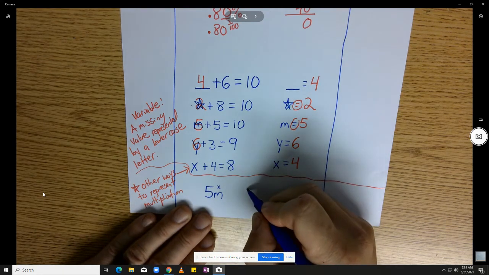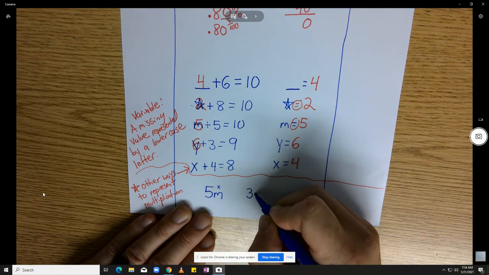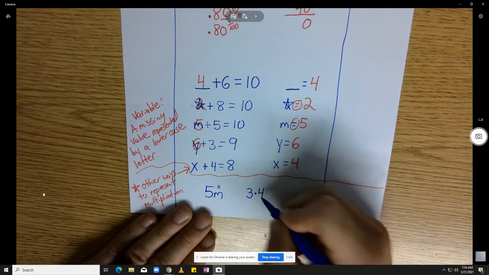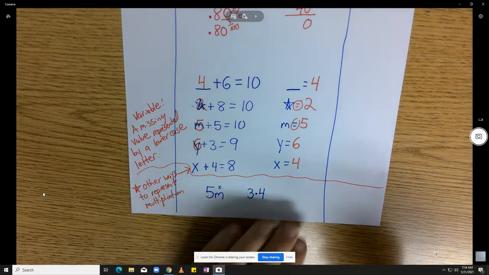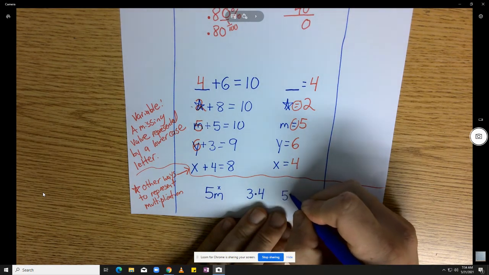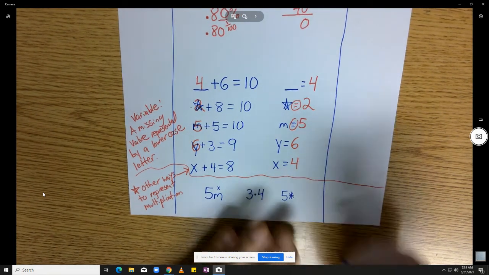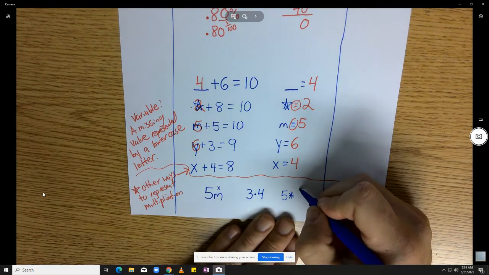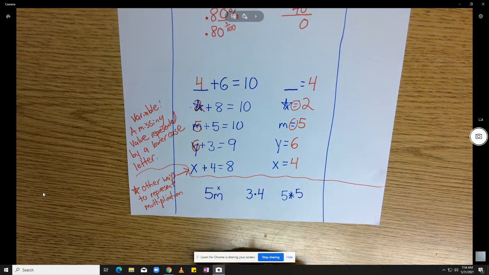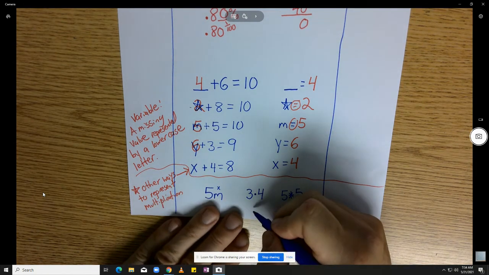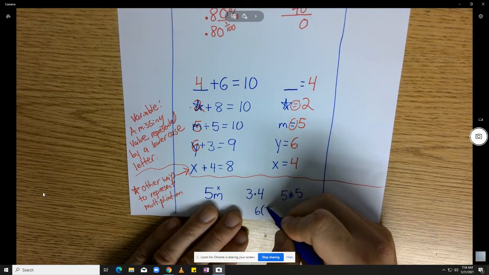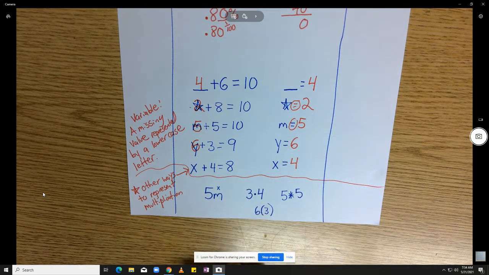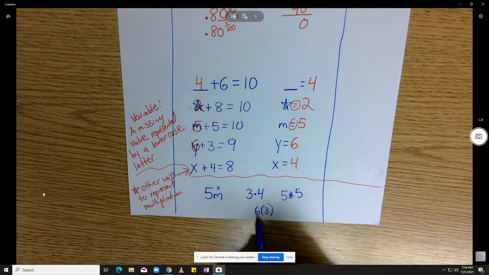You can do this. 3, I'm sure you guys have seen this before. This is very common in middle school. That little dot means multiply. This asterisk, like that means multiply. One more, if you have a parentheses like this, that number is not 63.